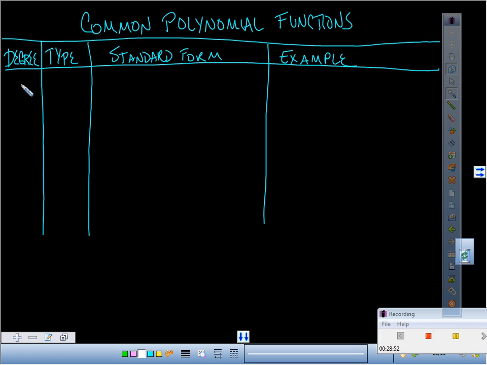The first one's going to be of degree 0. Now y'all listen to me. If 0 is my highest degree, what is it telling me about my x's? There's not any x's, people. There are no x's. It's going to look like x to the 0 power, which is what? 1. We learned that yesterday. Alright, so, you know what we're going to call it?